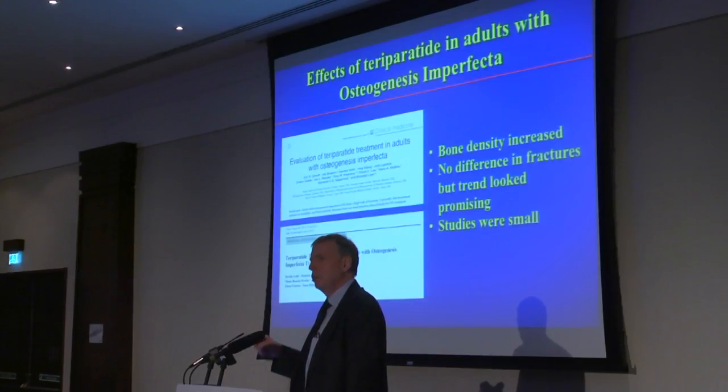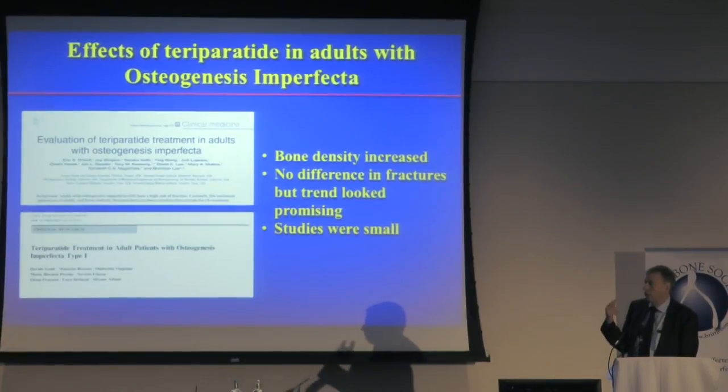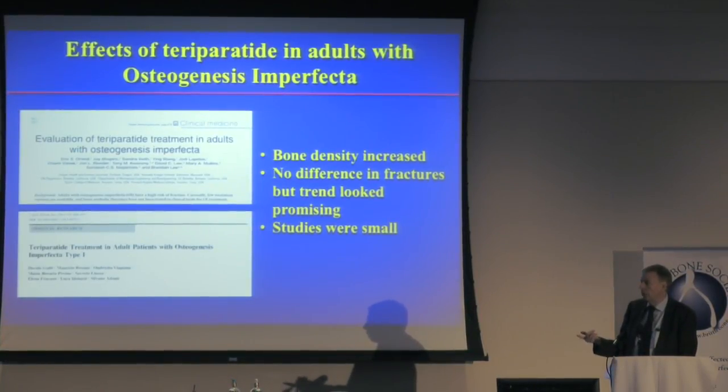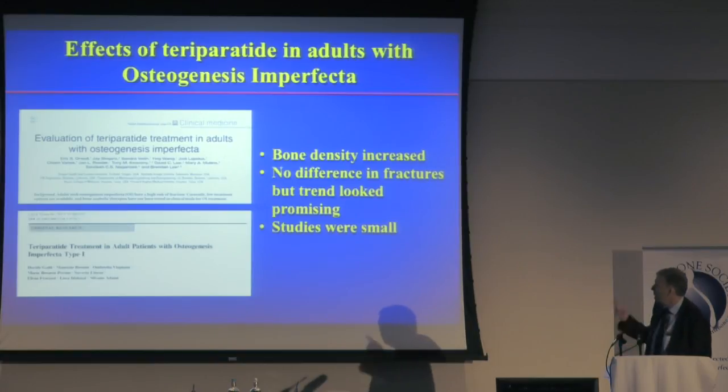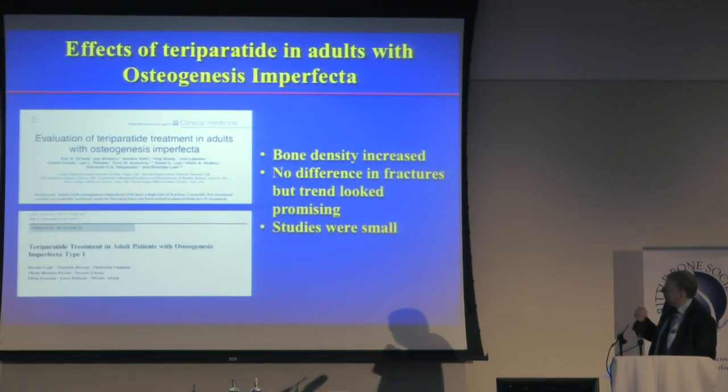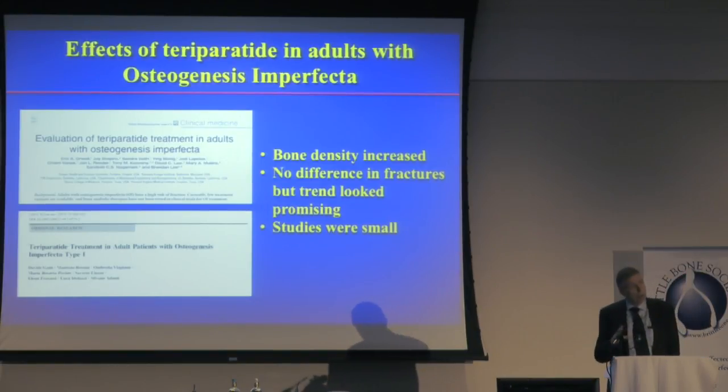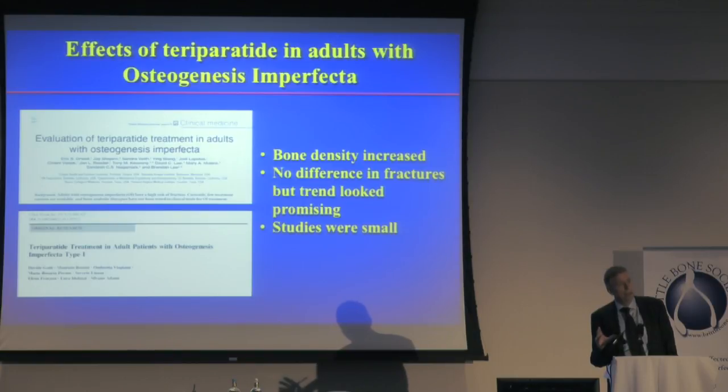It's sometimes used, but it's difficult to get because it's expensive, and doctors in the NHS are not really allowed to prescribe it unless they can somehow persuade someone in their health board to pay for it. It's much, much more expensive than other drugs. So, but it has been tried. It increases bone density. The studies that have been done have not shown an effect on fractures, but it was going in the right direction.